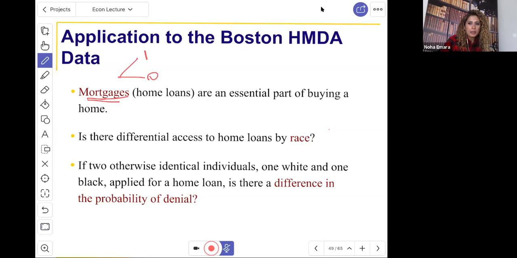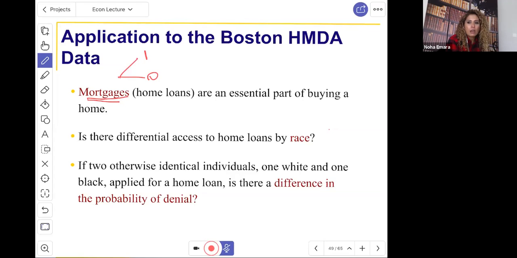And accordingly, this is actually something done in real life. Each bank has a research department, and this research department is collecting data about their clients. A great source of information is the application, right? You write down your income, your credit score, whether you have applied previously, whether you have been denied before.